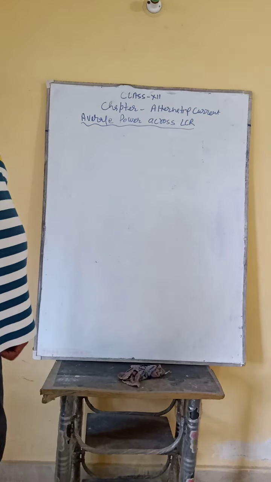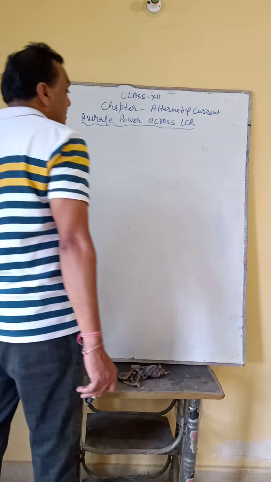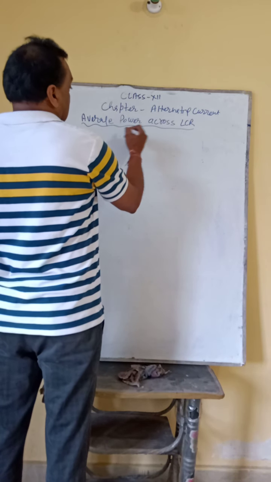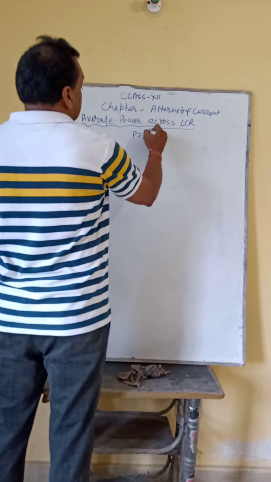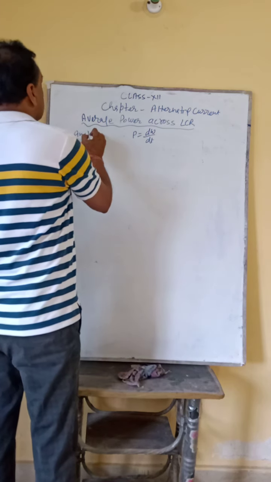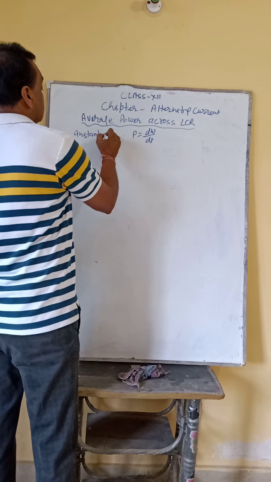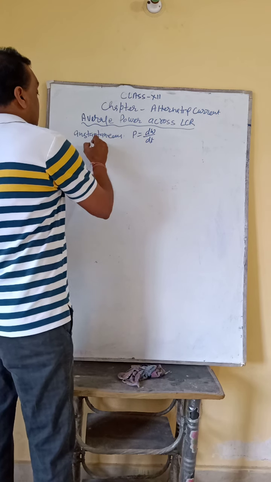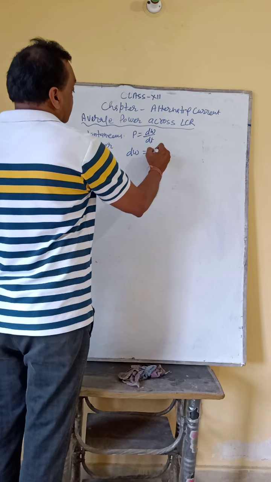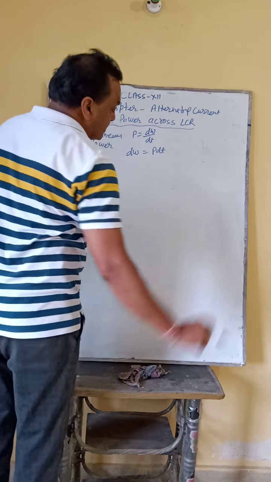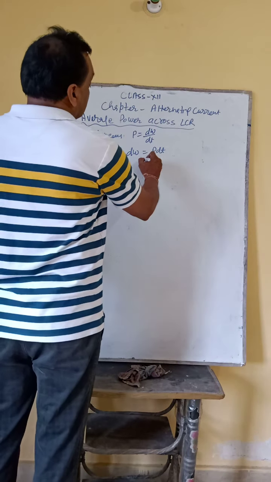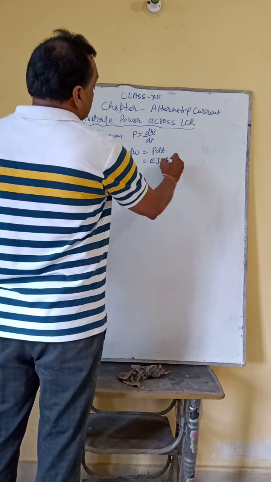You already know that P is equal to dW by dt, this is called instantaneous power. So dW will be P dt, or here in place of P you can write EI dt.